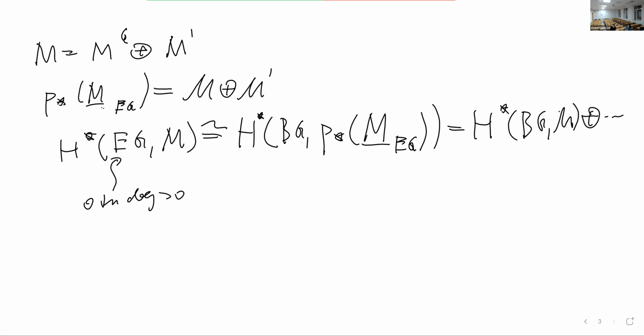Well, I get the group ring of Z by G over Z by G.